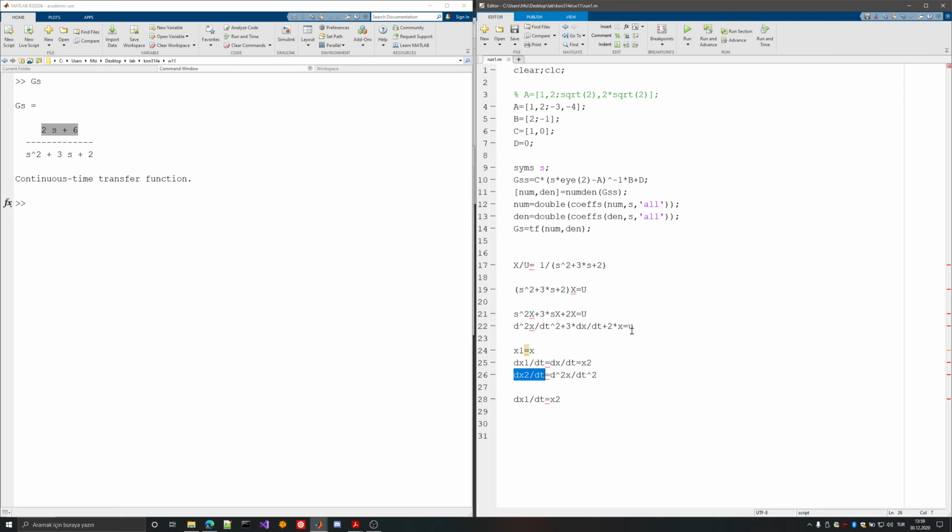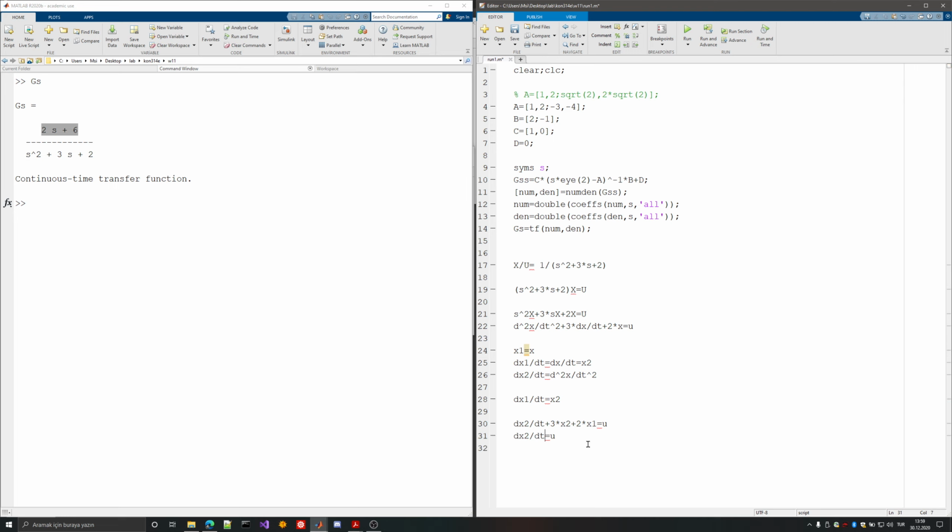So I can substitute dx2 into this here. So this will give me dx2 divided by dt, and then dx/dt is basically x2, so I can plug in that. x1 is x, so I have this equation here. If I rearrange this, I will get what I actually want.